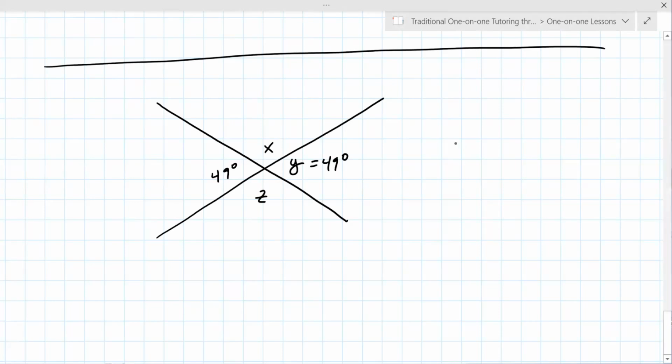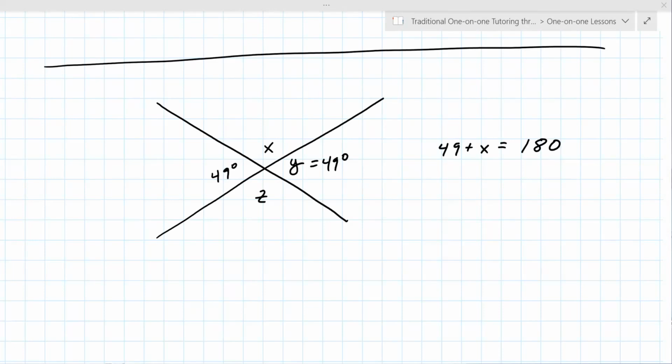So the answer is that the two angles 49. Oh, actually, you can adjust. I think so.